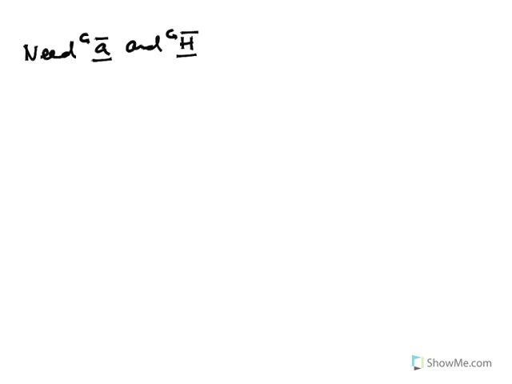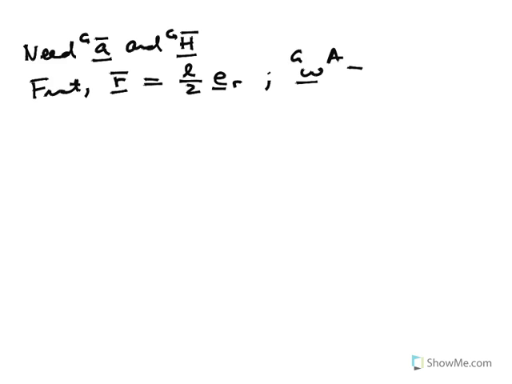Okay, so how do we get the acceleration of the center of mass? So the first thing we need is the position of the center of mass. That's equal to L over 2 ER. So now, given that we're working with that basis, we know that the angular velocity of the arm relative to the ground is equal to theta dot Ez.